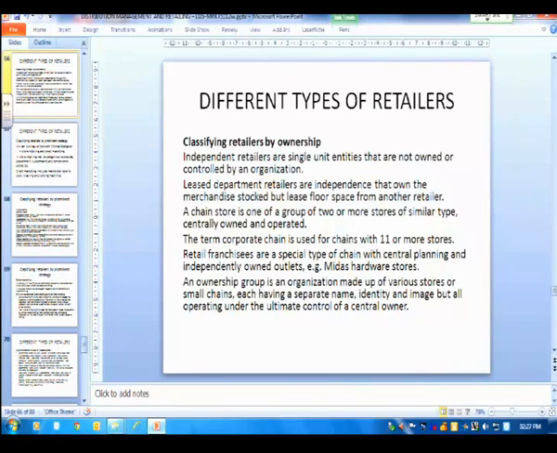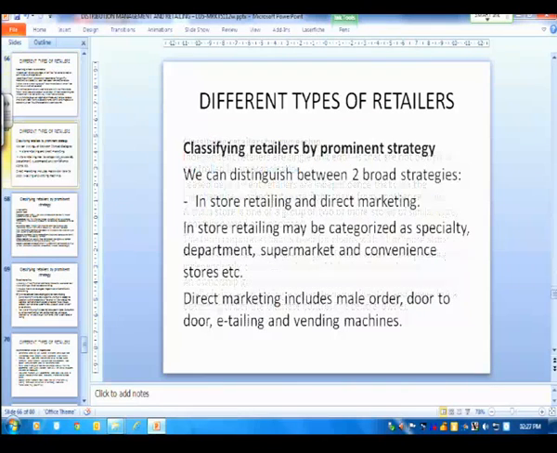Retail franchisees are a special type of chain with central planning and independently owned outlets, for example, Midas hardware stores. An ownership group is an organization made up of various stores or small chains, each having a separate name, identity, and image, but all operating under the ultimate control of a central owner.